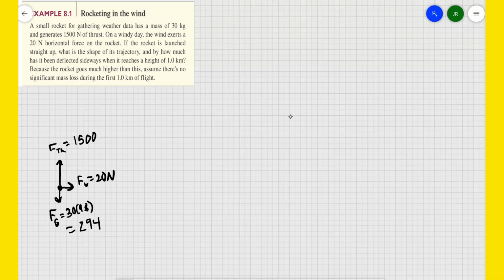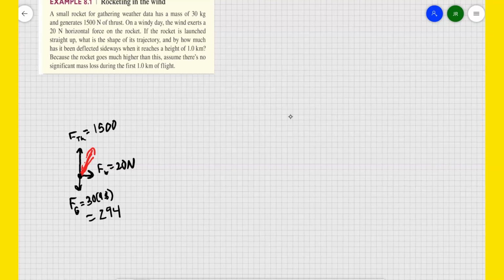So the overall net force would be something like that. And so the rocket would probably fly something like that in its direction of flight.